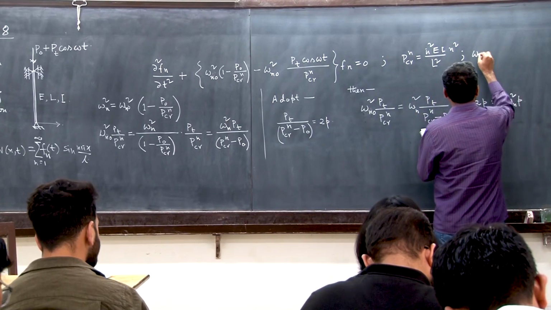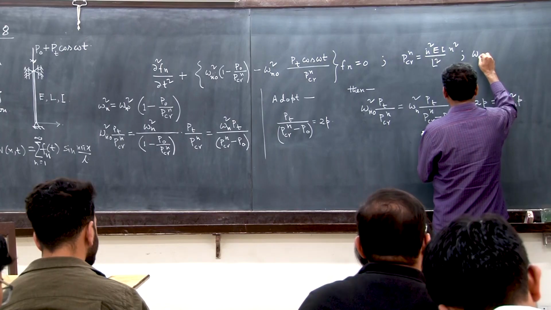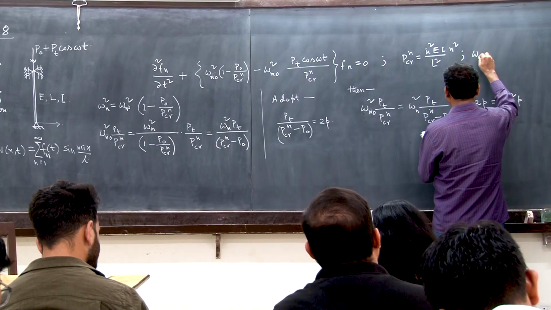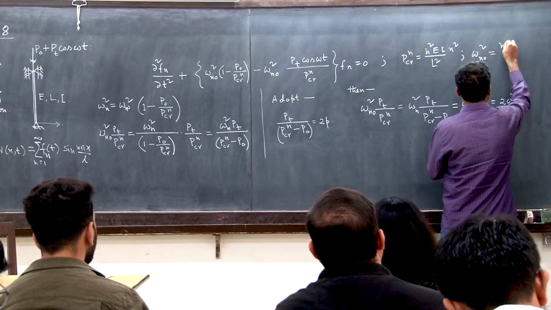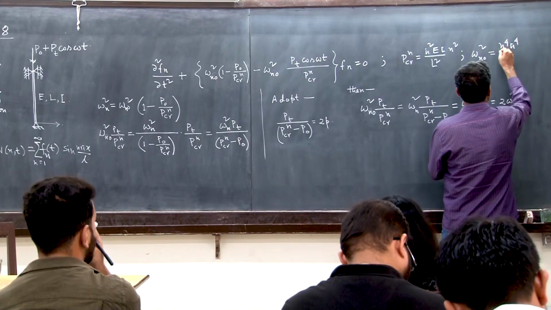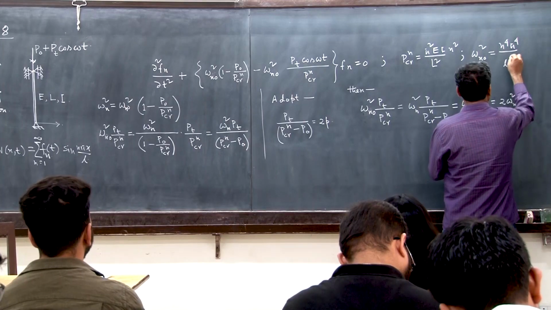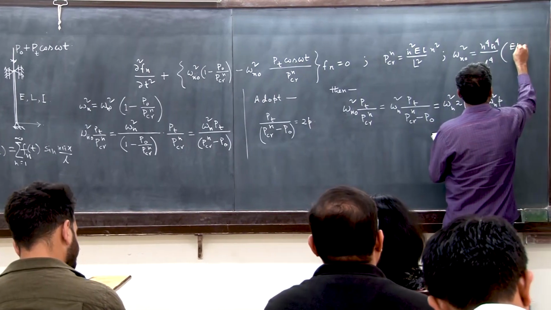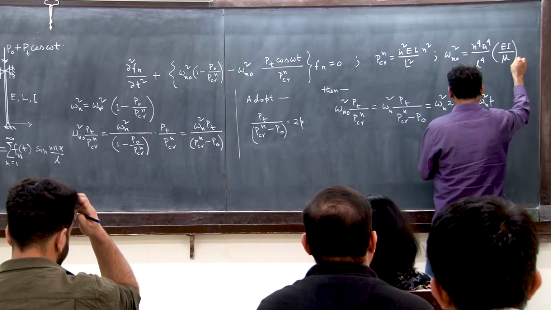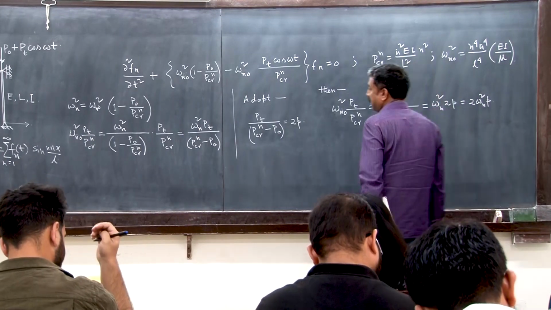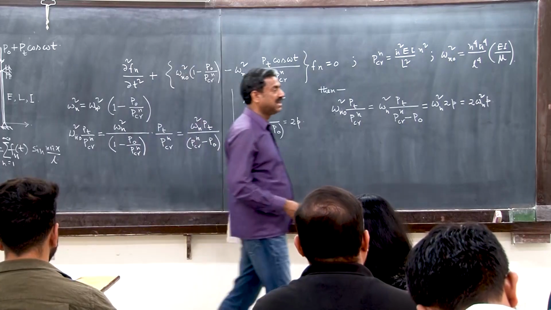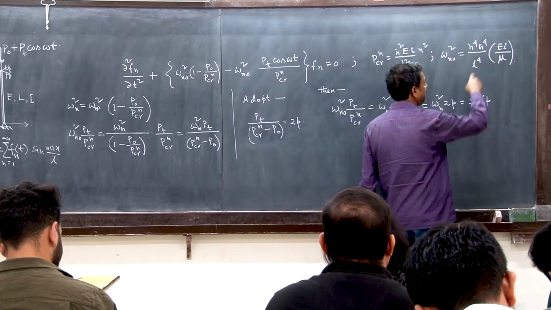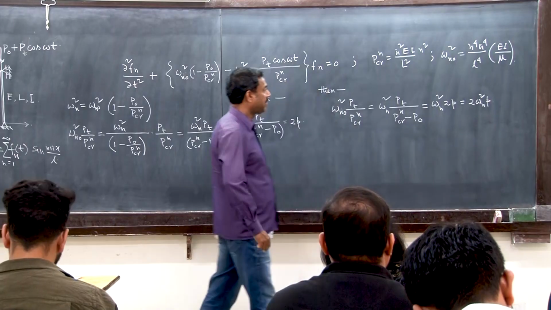Then the frequency omega n0 square was n to the power 4 pi to the power 4 by L to the power 4, EI divided by mu, where mu is the mass per unit length of the column. So that is the natural frequency, the lateral frequency of vibration.